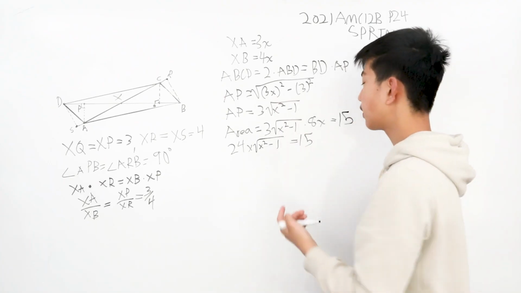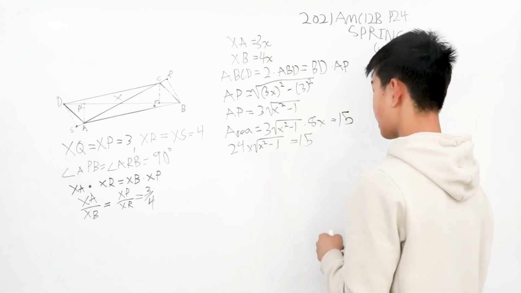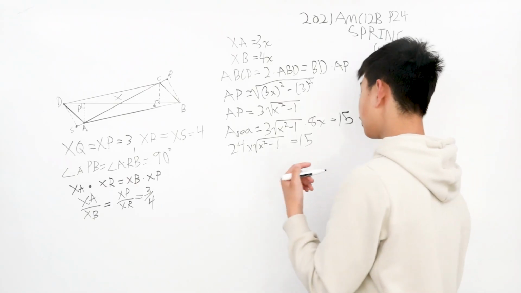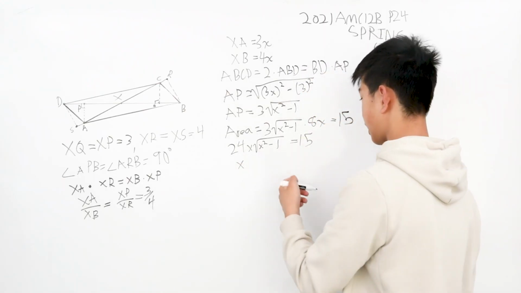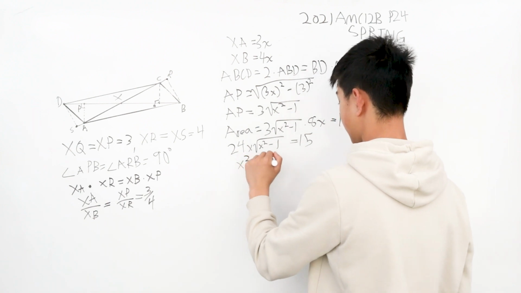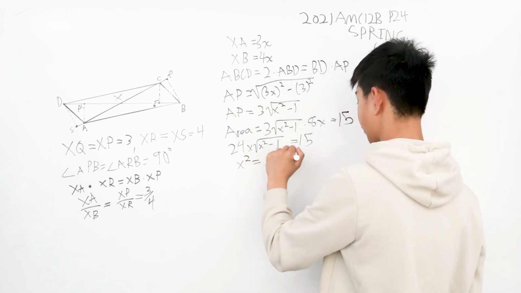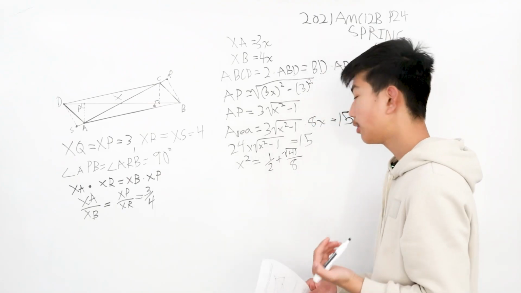Now, when you square all of this out, the x's will multiply, and you will get an equation for x squared. After doing all the work and multiplying these things out, you will get that x squared is 1/2 plus root 41 over 8. Then how does this help us?